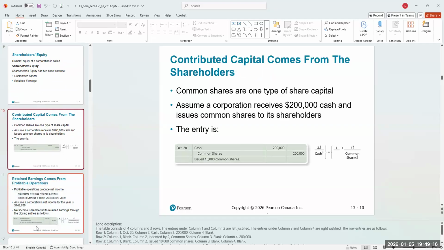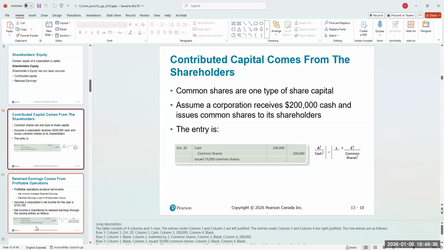So let's keep going with this contributed capital. Contributed capital from the shareholders. Let's imagine that the corporation received $200,000 cash and issued common shares to the shareholders. What will be the journal entry? The corporation gets cash.